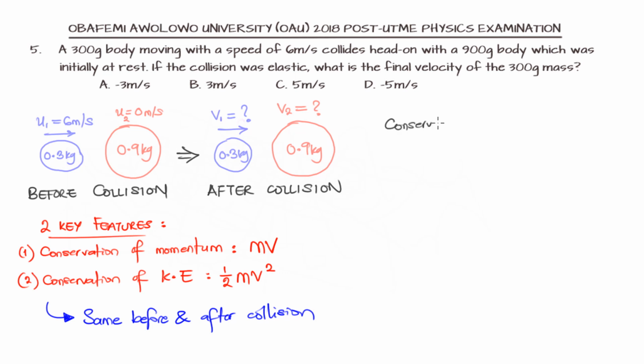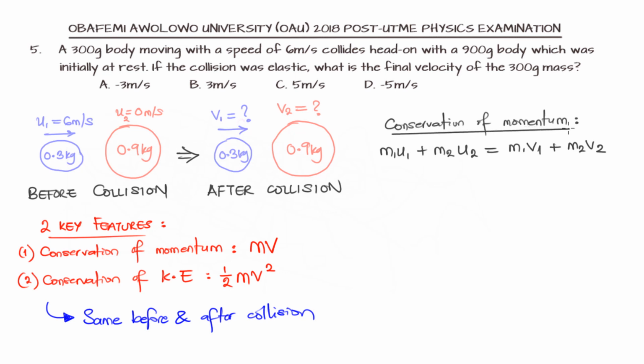First, let's consider the conservation of momentum for the bodies. Before collision, we are going to have m1 multiplied by u1 plus m2 multiplied by u2. After collision, we are going to have m1 multiplied by v1 plus m2 multiplied by v2, where u is initial and v is the final, 1 for the first body, 2 for the second body.